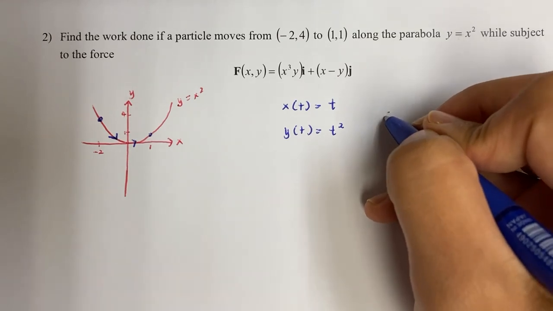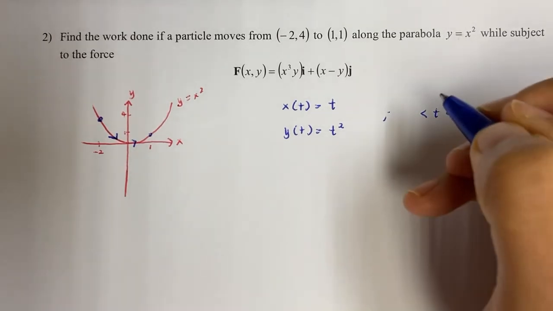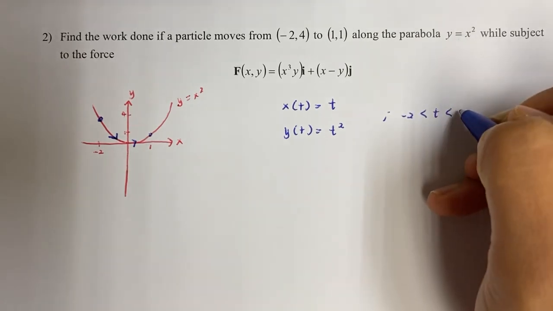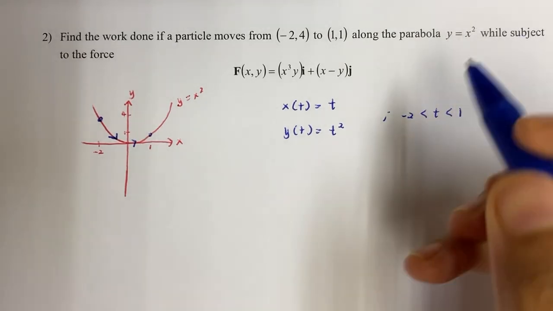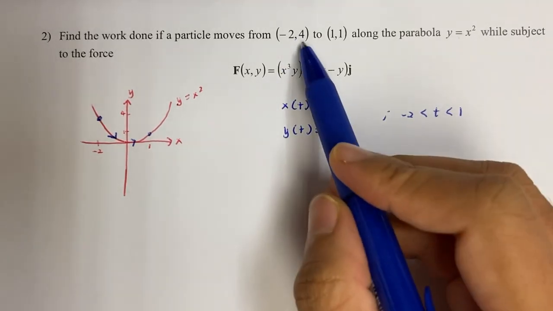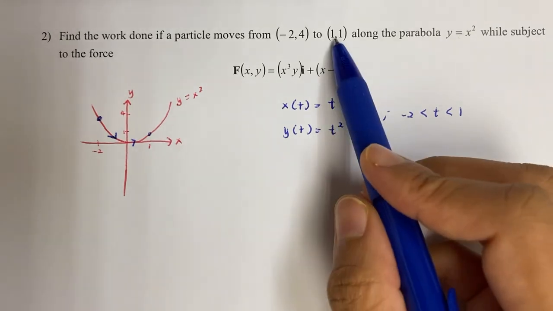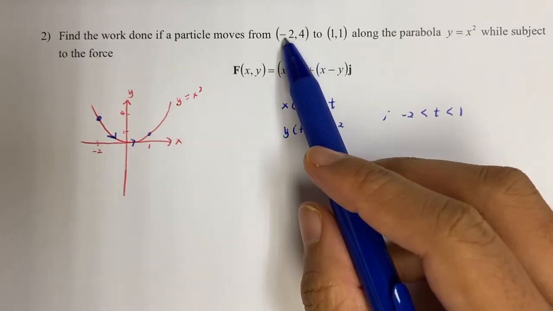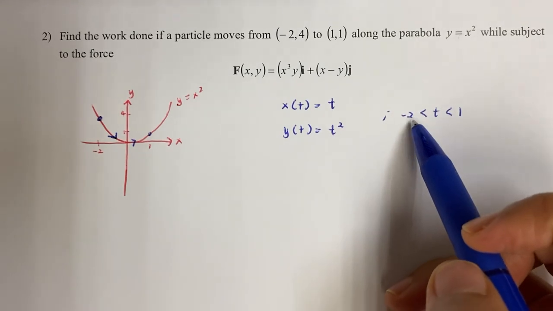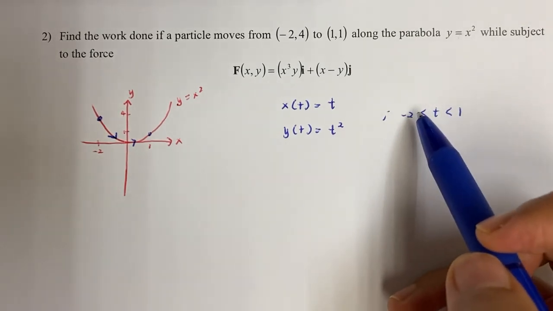And then for the range of t, the range is from -2 to 1. Why? Because if I substitute -2 into t, I get -2 and 4, and substituting 1, I have 1 and 1. So I get back my point P to Q. That's why you need to carefully consider the range for t.